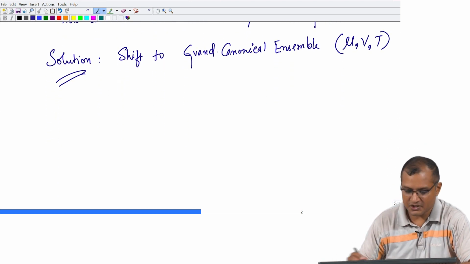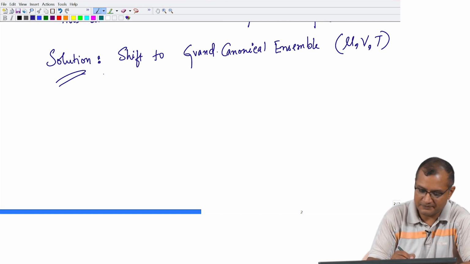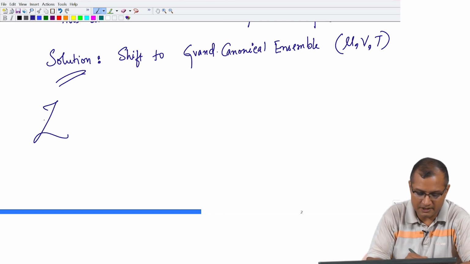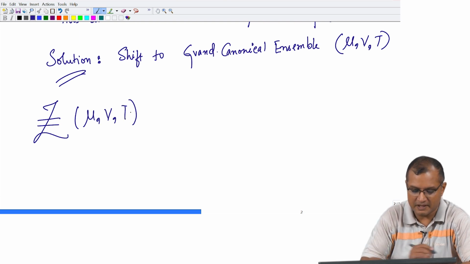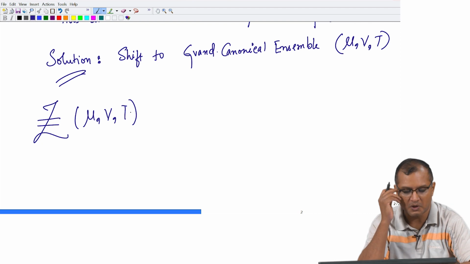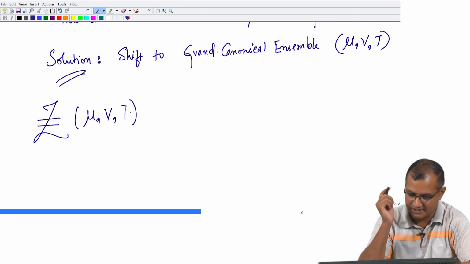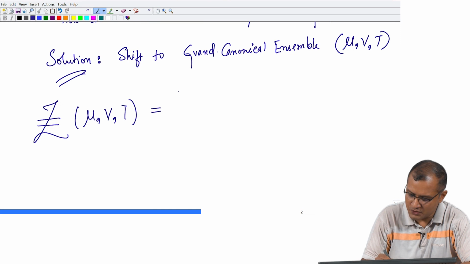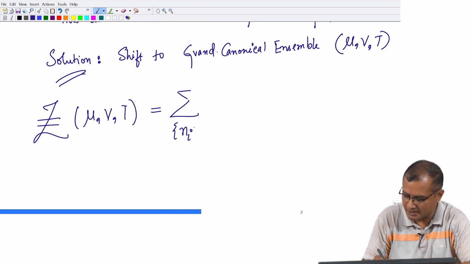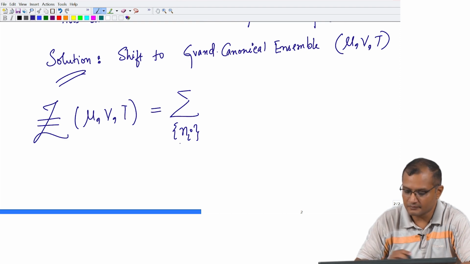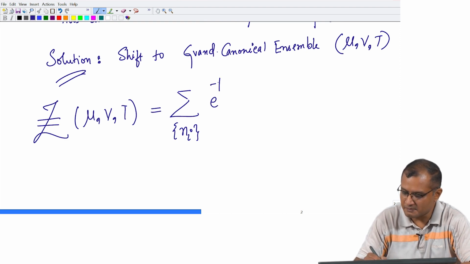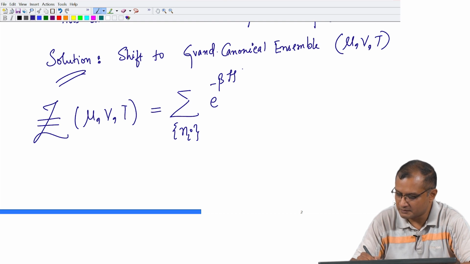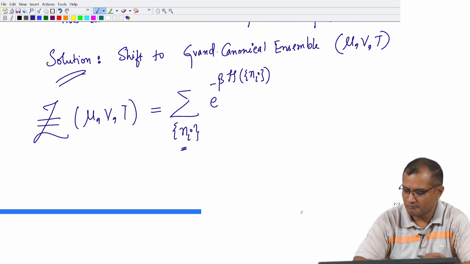So, let us shift to the grand canonical ensemble, which means now I will be computing the grand canonical partition function indicated here by the calligraphic Z. As usual, I am going to write down my partition function as a summation over all the microstates of e raised to minus beta times the Hamiltonian of the microstate that is chosen by the summation here.